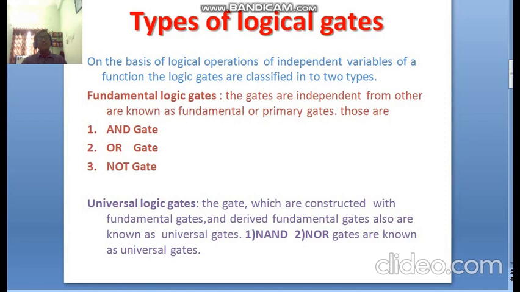One is fundamental logical gates and the second one is universal logical gates. Fundamental logical gates are also known as primary. They are AND gate, OR gate and NOT gate. These are the fundamental logic gates.